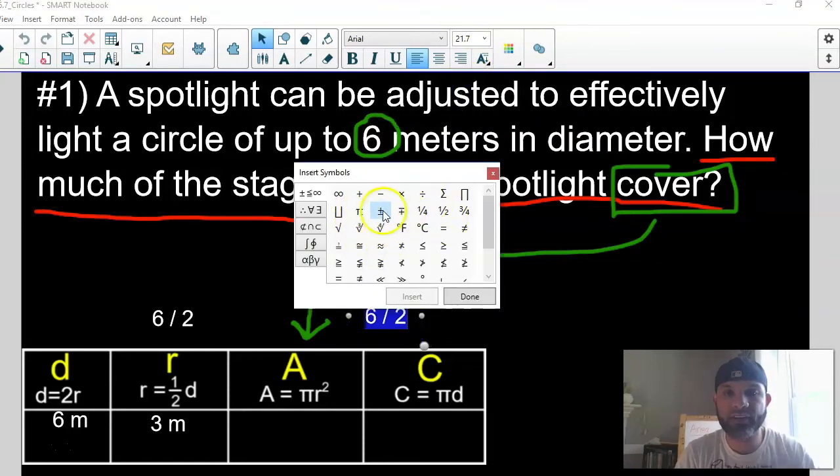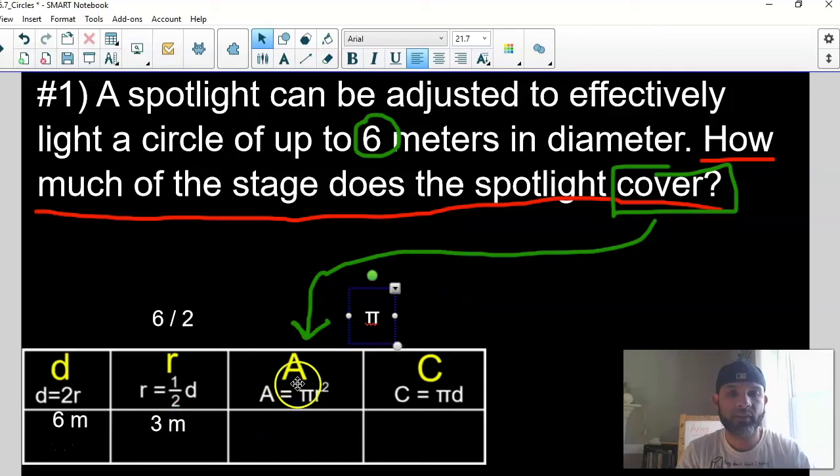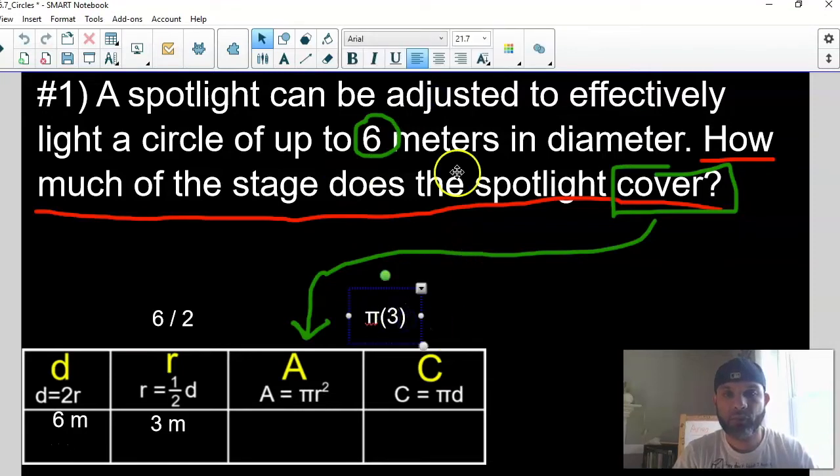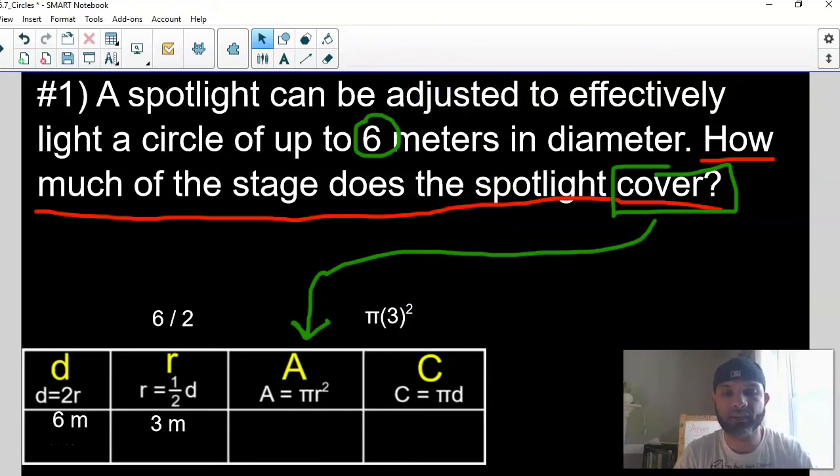It's written down in our chart. Here's our radius. So it's pi times the radius squared, to the second power. All right, so we're going to use our calculator. Pi times 3 squared will give us that area.